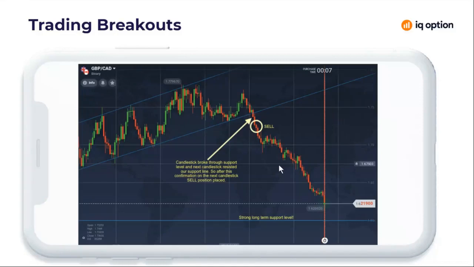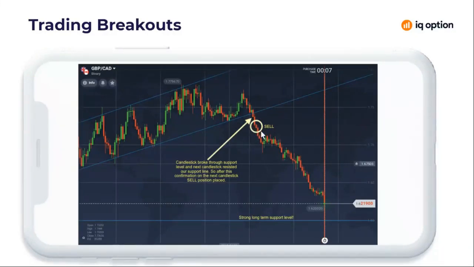So as you can see here, as soon as this red candlestick broke through the support line, the next candlestick shot right back up to this support line and resisted it and shot back down. So once we have a nice confirmation in regards to this, the next candlestick can be a sell position.